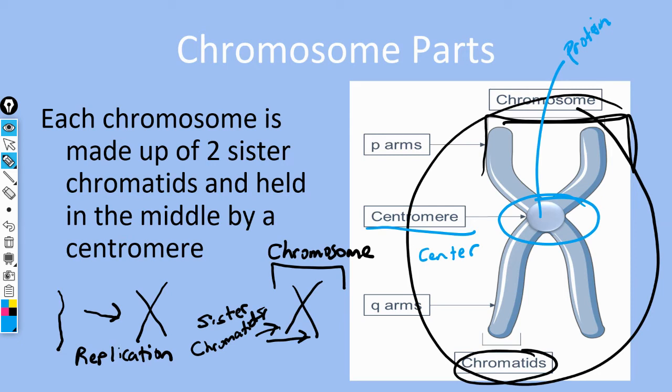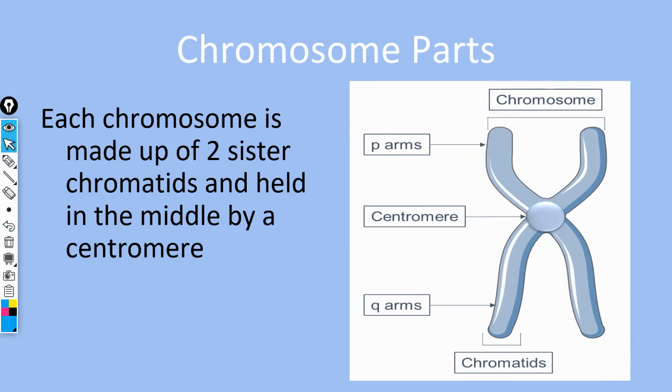So even though we are finished with organic molecules, we have learned about carbs and lipids and proteins and nucleic acids, we can't just box that information up and put it on a shelf. We refer back to it with a lot of frequency as we move through these other units. So just keep in mind these chromosomes are made of proteins as well as DNA, even though the DNA is what we're primarily interested in.